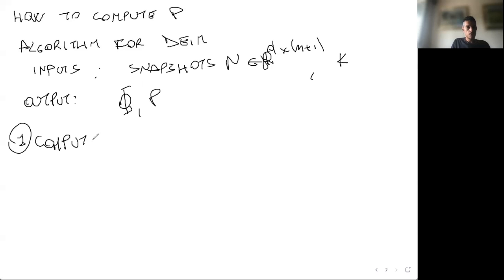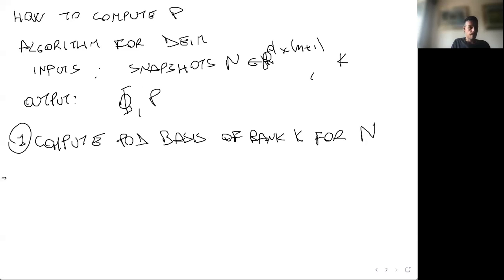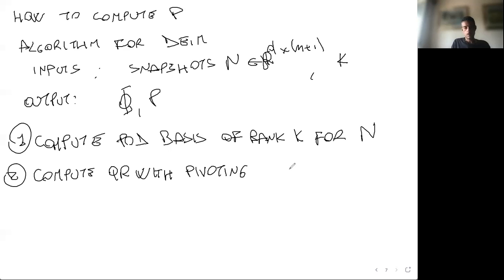At the beginning, we need to compute the POD basis of rank K for the nonlinear term. Then we compute QR with pivoting, such that P̃ᵀ Φ = QR.